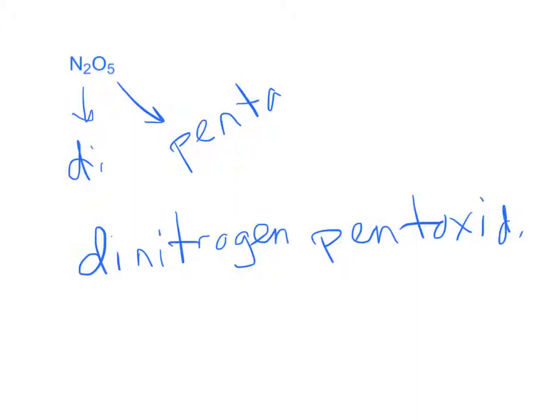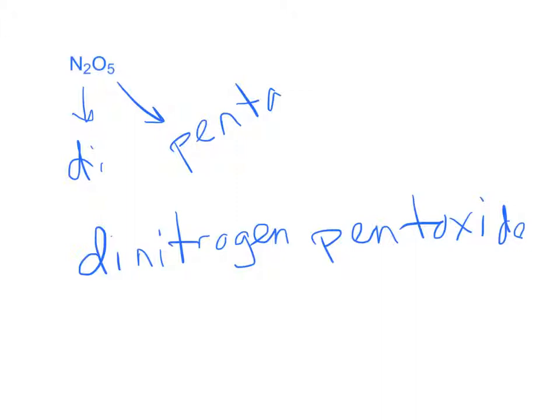Whichever element is second in the formula, in this case oxygen, we do the same thing with the ending as we did with the ionic compound, so oxygen becomes oxide. The first element, nitrogen, retains its normal name.